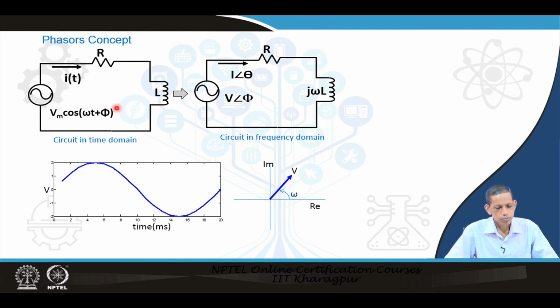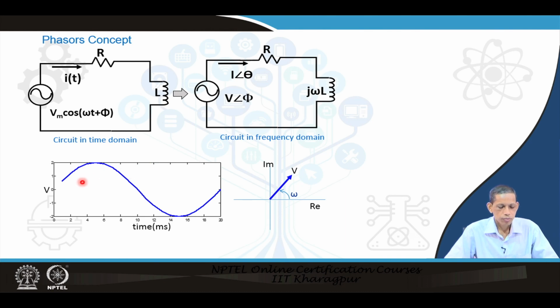So, from the time domain, we go to the phasor domain and analyze the behavior of the circuit. That analysis in frequency domain gives us the concept of phasors, because here in the frequency domain these voltage and currents are represented by phasors, 50 hertz or 60 hertz component.